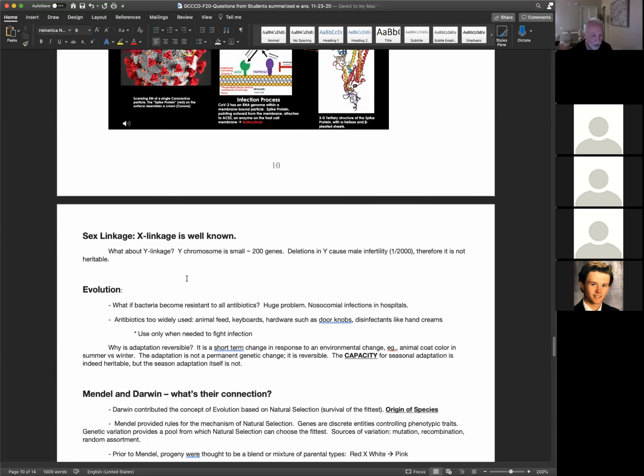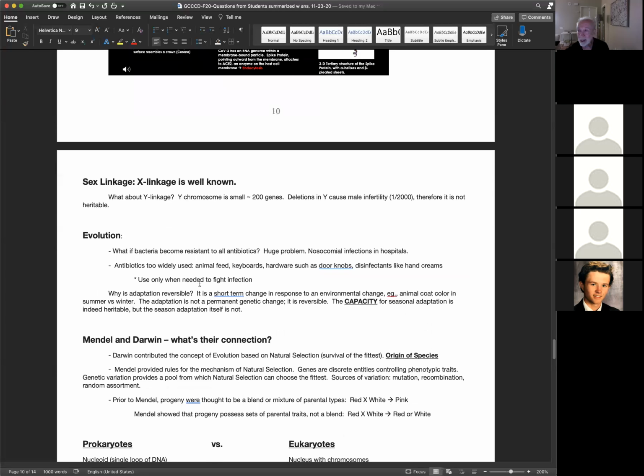Evolution. Someone said, what if bacteria become resistant to all antibiotics? It's a very good question because it's happening. It's a huge problem, for example, in hospitals. Nosocomial infections are the infections that you get while you're in the hospital, and they're caused by antibiotic-resistant bacteria. And why is this such an enormous problem? It's because antibiotics are overused.